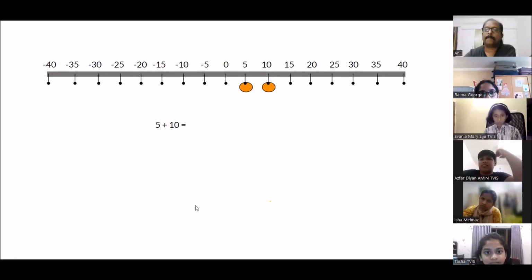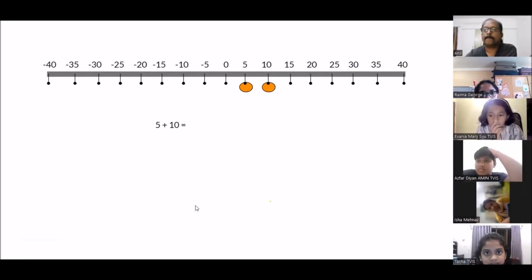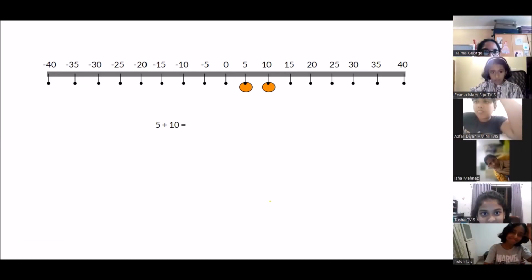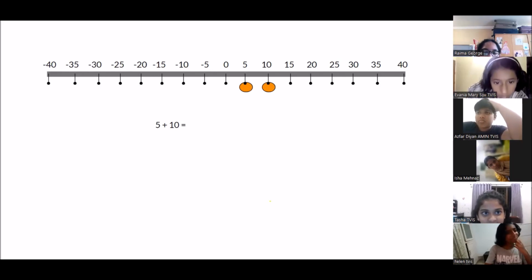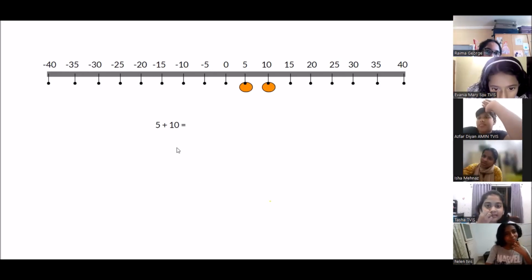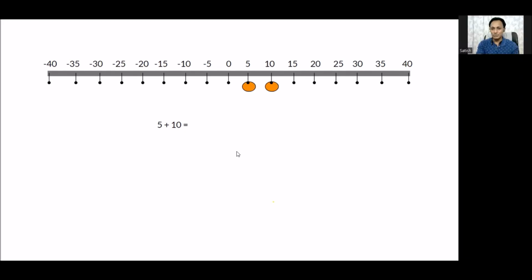Malu has 5 toffees in one hand, and Helen has 10 toffees in her hand. You club both, then it becomes 15, right? Very simple. This is 5, and you add this 10 to this 5, you get 15. This blue is the answer, correct?